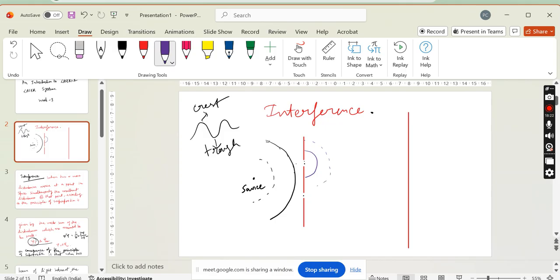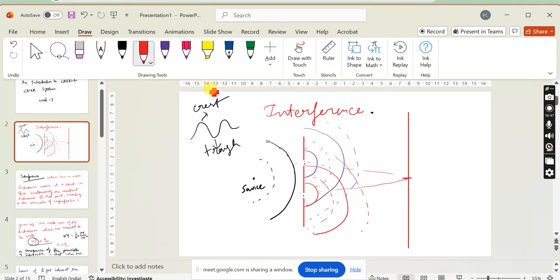Here it's not getting aligned, but where the distance is the same from both these points, we'll get a bright spot.